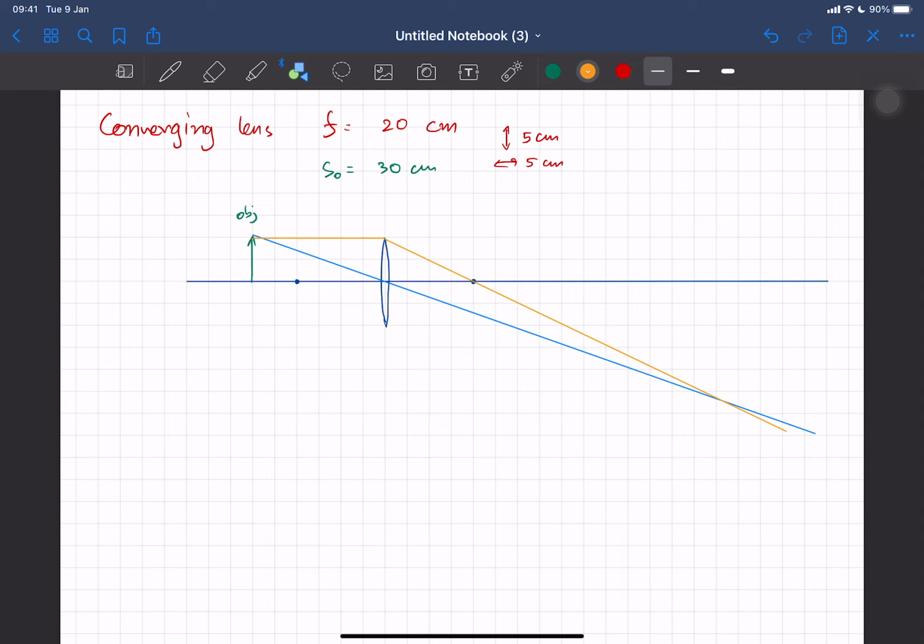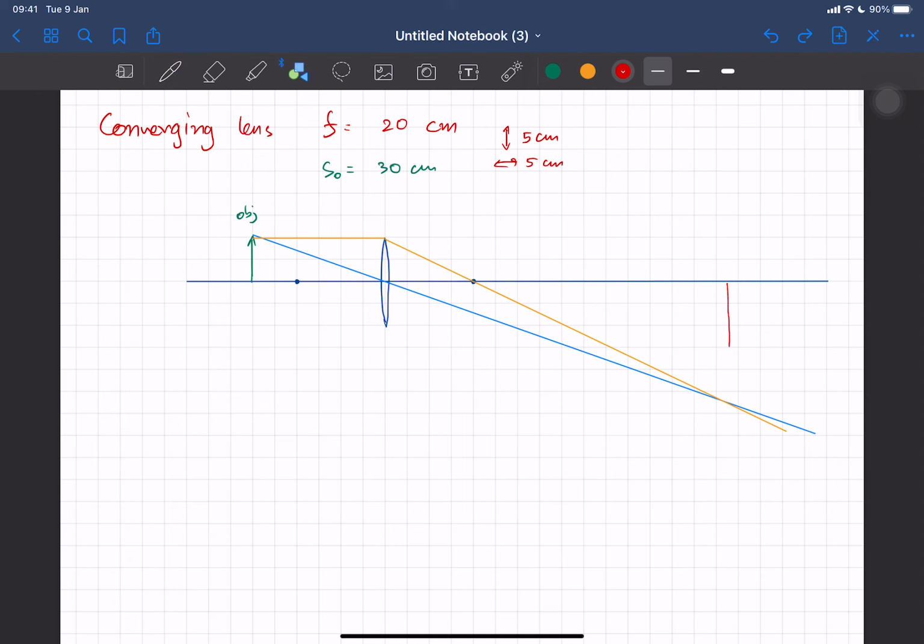Okay, so you can see that the tip of the object gets translated through the lens such that the tip of the image is roughly about here. Okay, so we can draw it there. So the tip of the object is there.